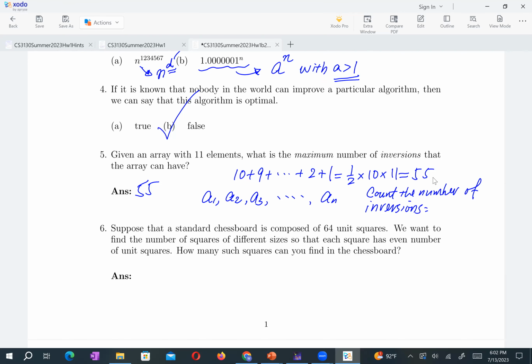If you can find a pair, that pair corresponds to one inversion. That's the maximum case. So basically, we just count all the possible pairs. When we count, we start with the first element. We treat it as an anchor element, and all the pairs start with the first element.